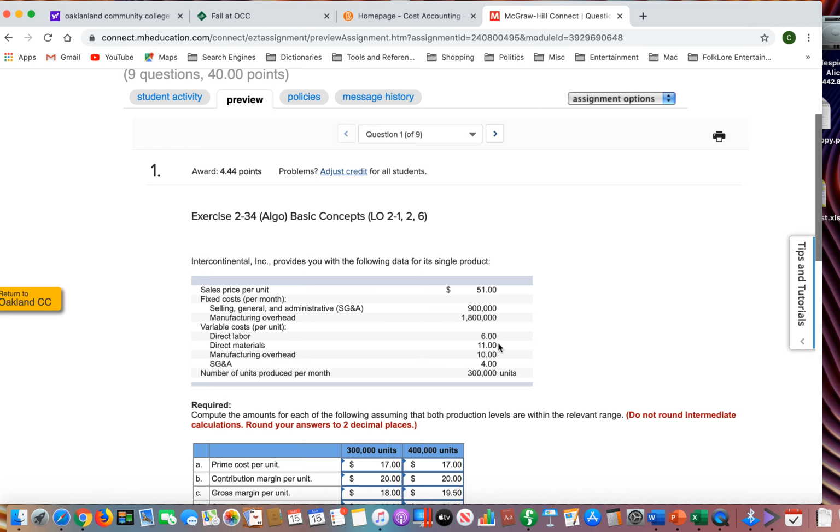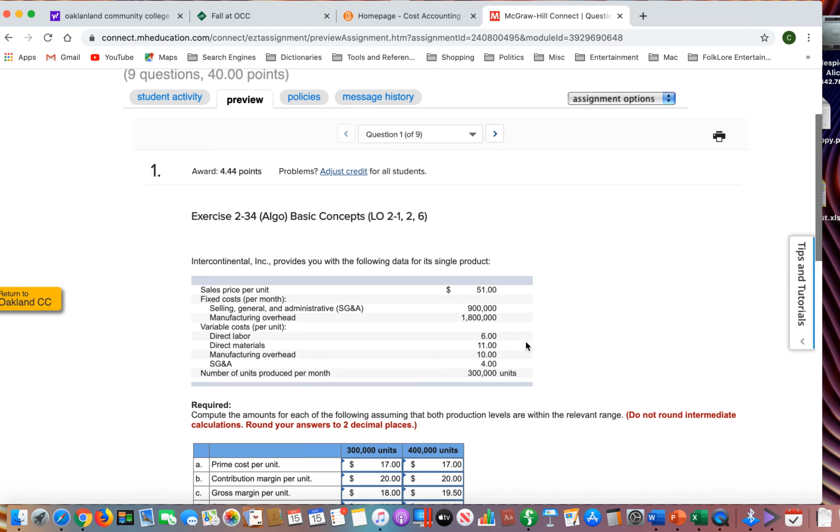Altogether, that's $33. 1.8 million divided by 300,000 is 6, plus 6, plus 11, plus 10, gives you $33. The $51 sale price minus your cost of goods sold gives you $18, which is the gross profit margin.